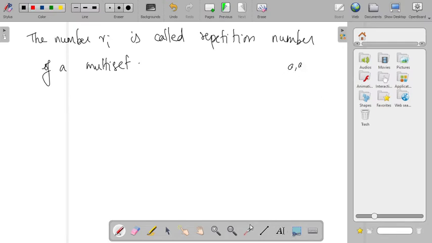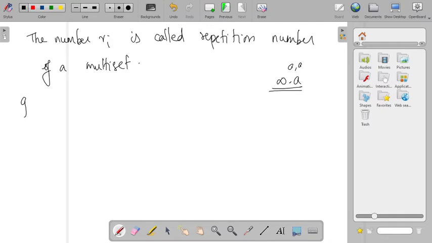So in the case where infinite number of repetitions are allowed, in a multi-set we denote it by infinity dot A. So when I write infinity dot A, that means the object A can be chosen as many times as possible. So it can be repeated any number of times.